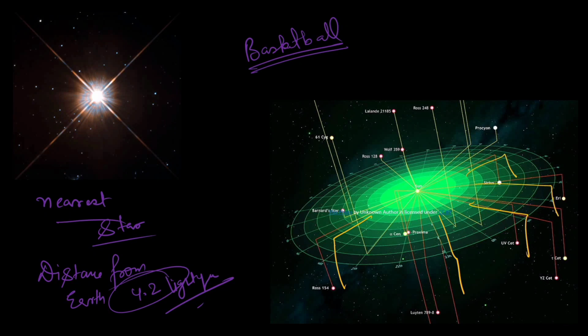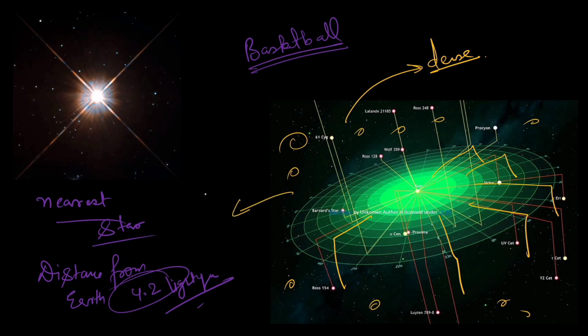So it is unbelievably sparse, even though when you look at the galaxy, and this is just an artistic depiction of it, it looks like it has a spray of stars, and it looks reasonably dense. But there is actually a huge amount of space.